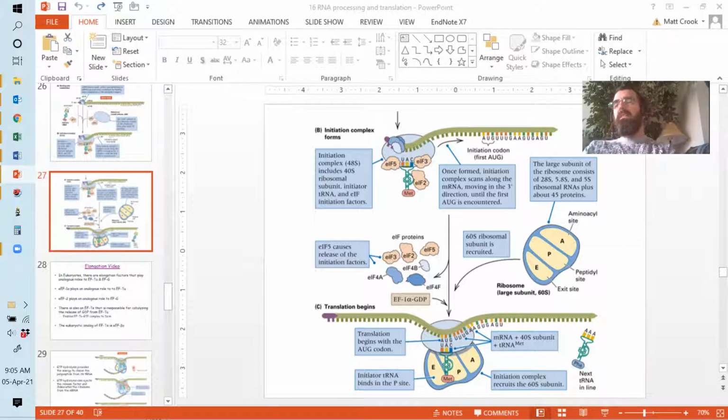EF is elongation factor rather than IF, which is initiation factor. So EF-Tu and GTP are used to bring in the next tRNA.